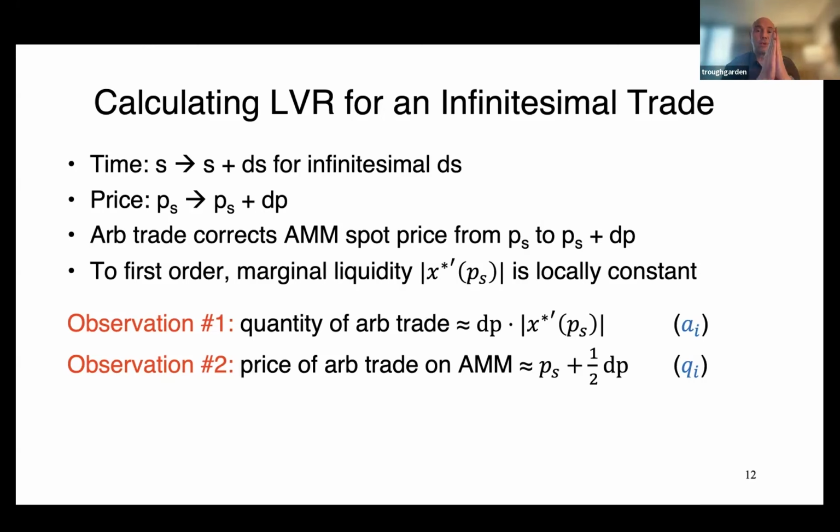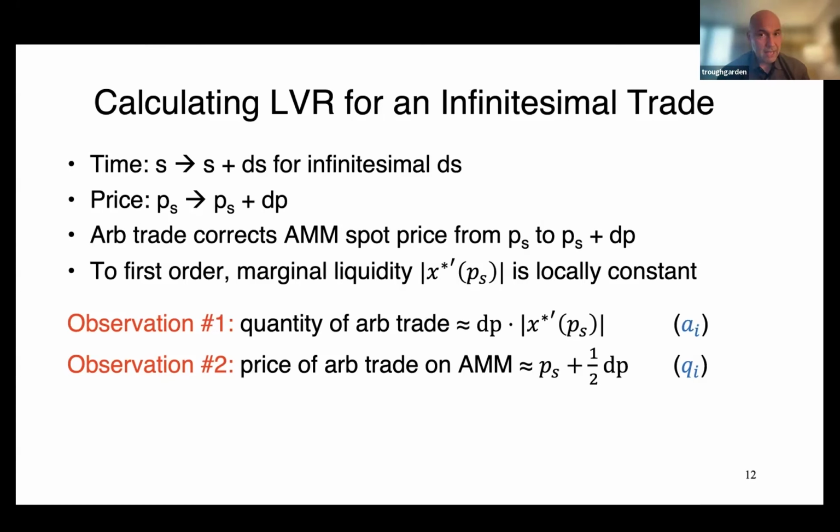So we are passing between all of these different prices, concluding at PS plus DP, but we're trading at exactly the same rate the entire time. So that means the average price paid per unit is just going to be the average of the starting and the ending price, the average of PS and PS plus DP, also known as PS plus DP over 2.